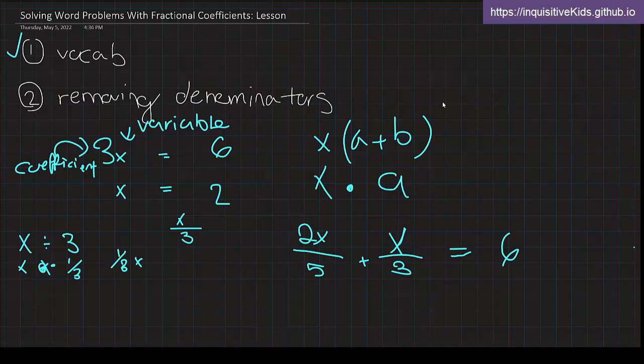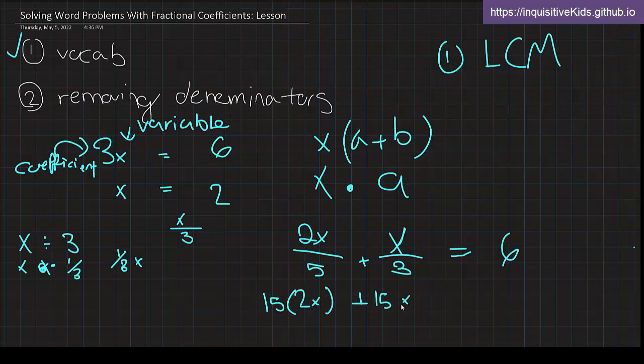So we first need to find their LCM, which is their least common multiple. The LCM of 5 and 3 is 15. So what we're going to do is multiply 15 to both sides of this equation. So we're going to have 15 times 2x over 5 plus 15 times x over 3.